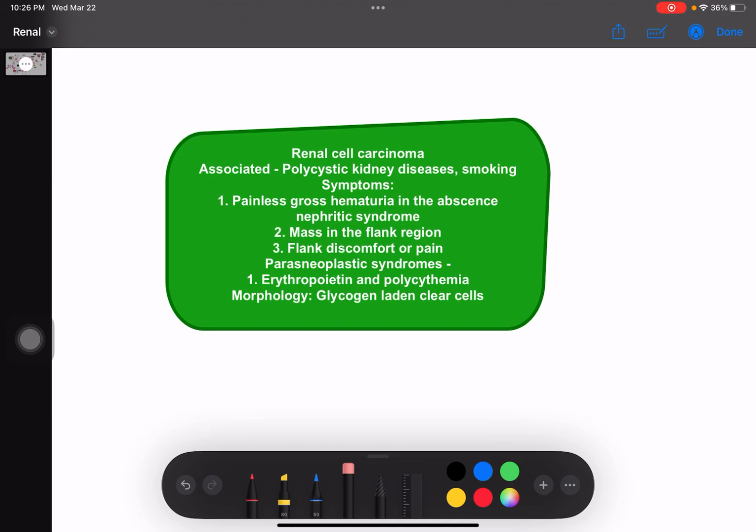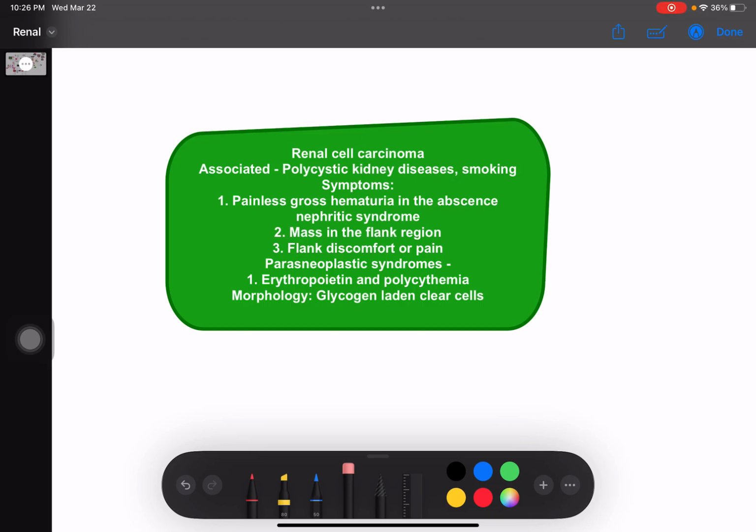The most common is a clear cell carcinoma, as this is associated with polycystic kidney diseases. The risk factor can be smoking and diabetes as well. Symptoms include painless gross hematuria in the absence of nephritic syndrome, so it's going to be visible hematuria, mass in the flank region.